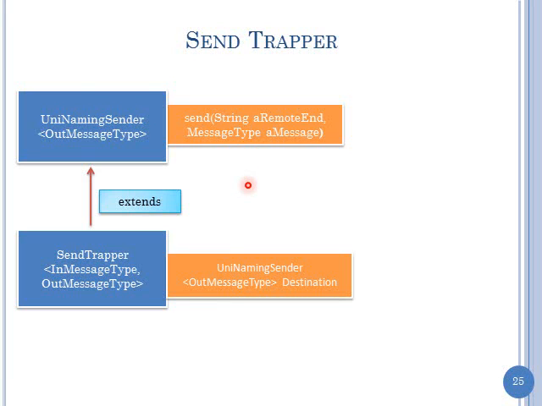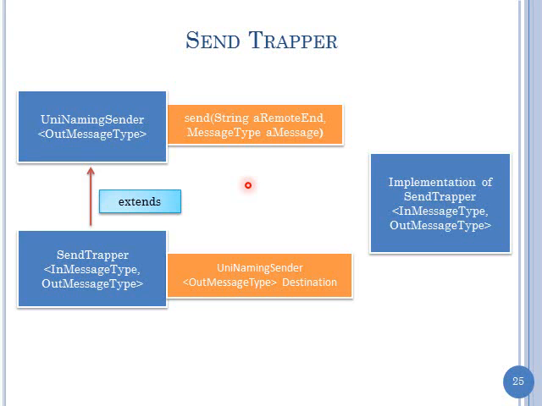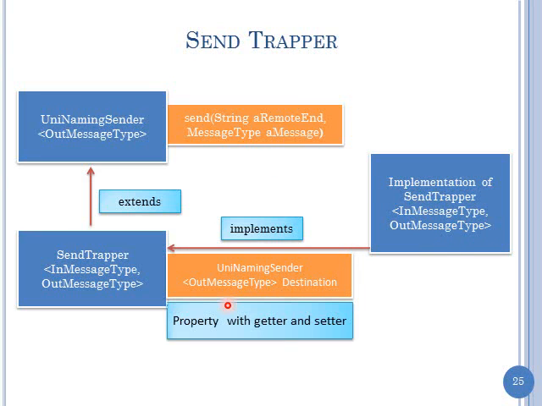Plus, it has a destination, so it knows who to send to next. That's a property. The implementation of this send trapper implements the send trapper interface and also has a reference to this guy. That's the interesting part here: it implements the same interface, and that interface is also implemented by the object it refers to.